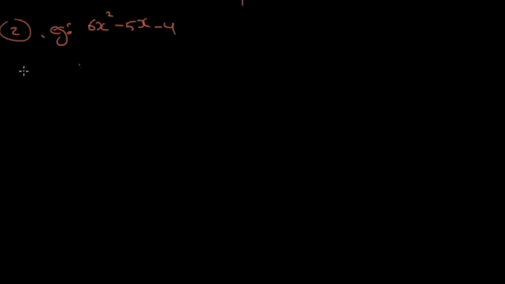So essentially I'm going to tell you two questions that you need to ask. Question 1, this will help you work through it, and that is, what are the factors of a times c?